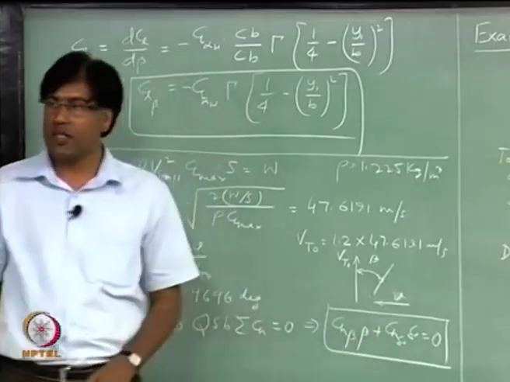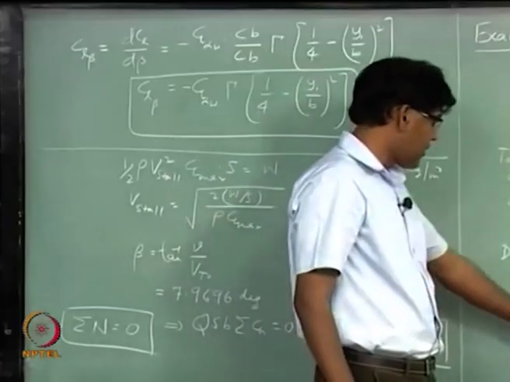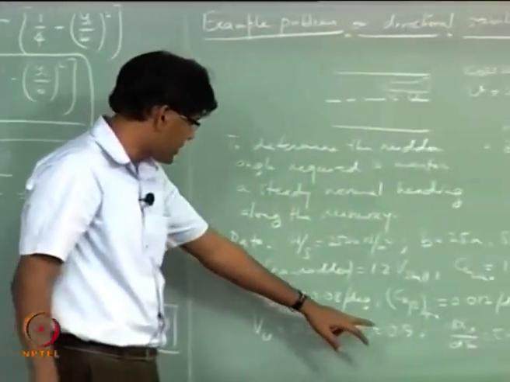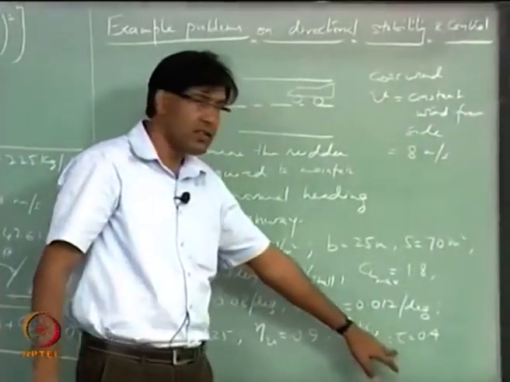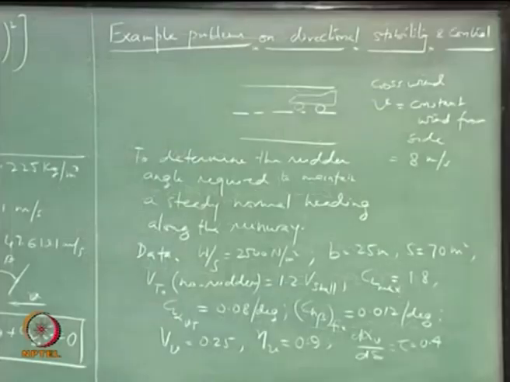So, I should know what is C n delta R, and C n delta R you can find out from the information given here, for example, the rudder effectiveness and the lift curve slope of the vertical tail.